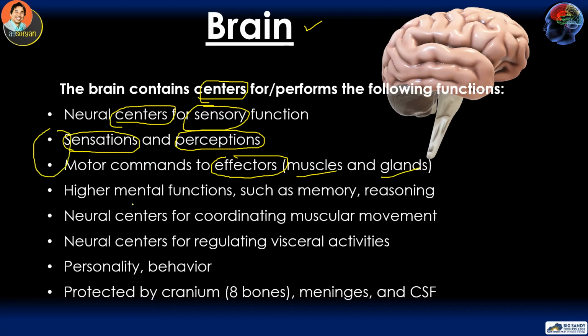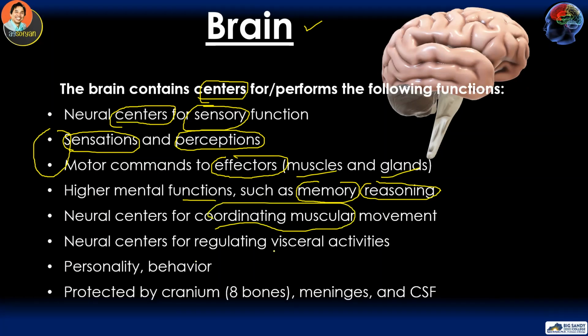The brain also has what we call the mental functions, such as learning, memory, and reasoning. They are also controlled by the brain. This is the neural center for coordination of muscle movement.